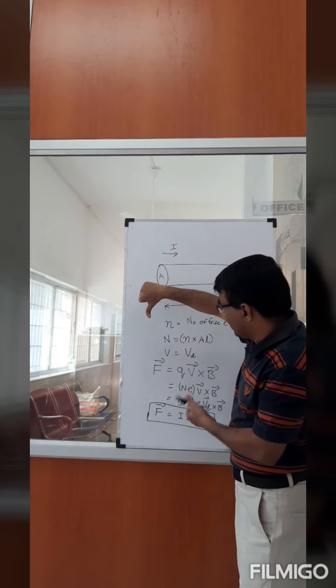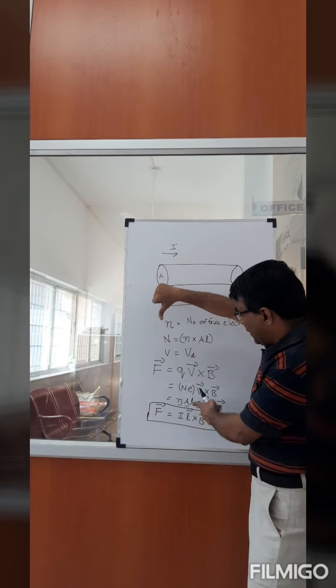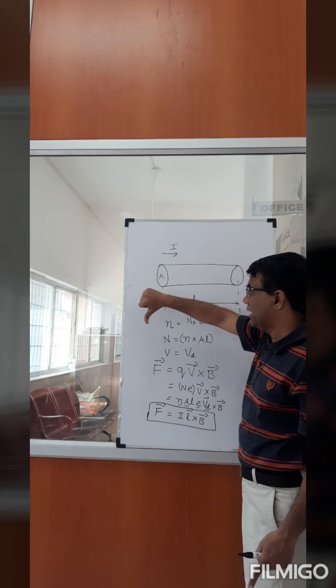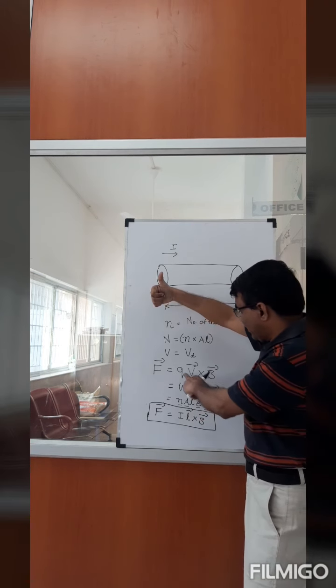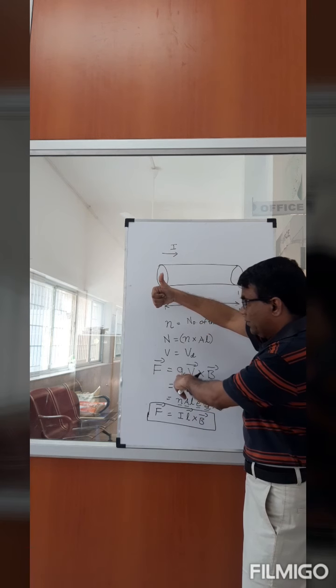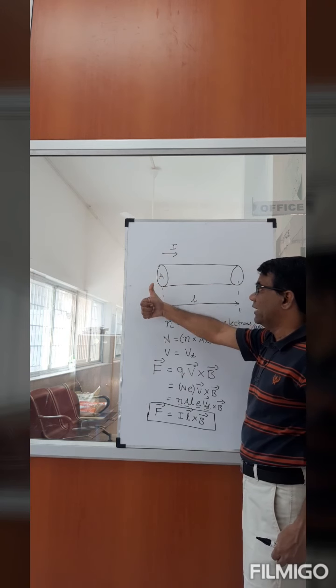But that is for positive charges. If Q is positive, then that's what we'll get. But electrons are negative. So what will happen here is it will go up, because you will have a negative here. Instead of Q, you will have minus E there. So the force will be like that. The force acting on the conductor is upwards.